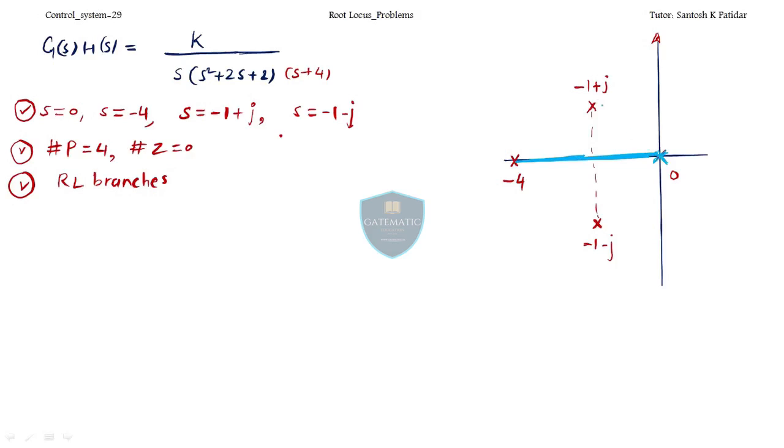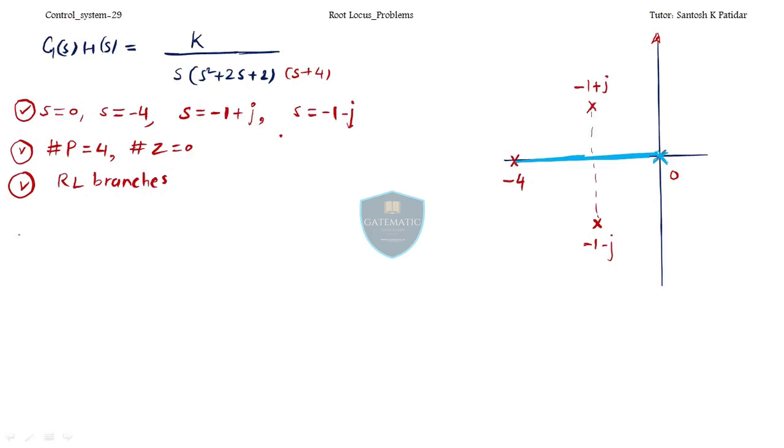If you add these 2 poles, then 1 plus 2 is 3, again odd, so the identification of the RL branch will not be affected because of these conjugates. Okay, now the RL branch you have found, no problem at all.